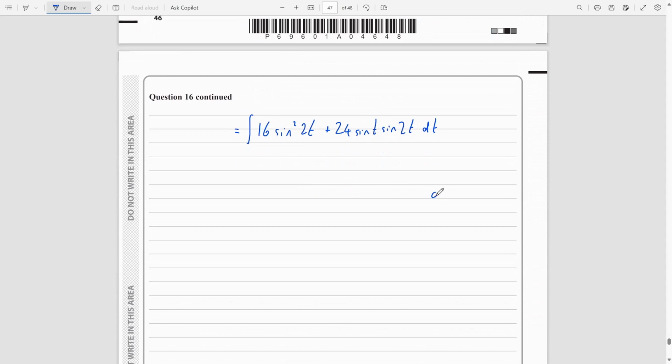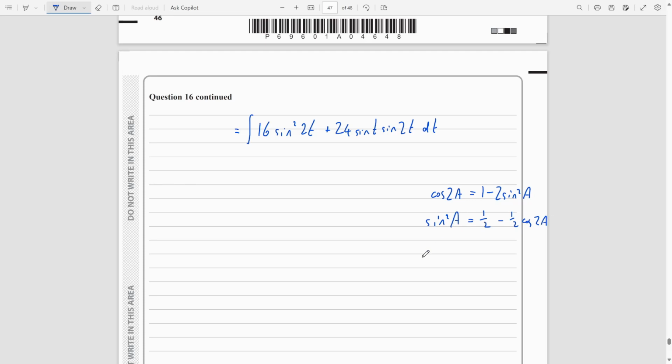Recall that cos 2a is 1 minus 2 sine squared a. Well, that means that sine squared a must equal half minus half cos 2a.